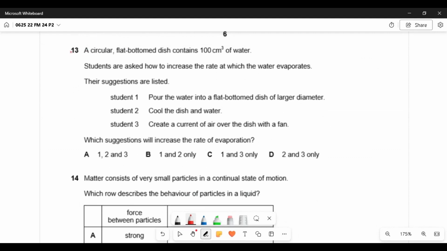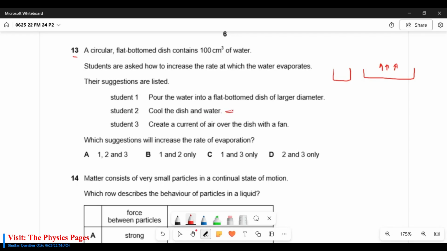Number 13. A circular flat bottomed dish contains 100 cubic centimeter of water. Students are asked how to increase the rate at which the water evaporates. So suggestions are listed. Student 1 says pour the water into a flat bottom dish of large diameter. So it is true, because if the surface area is more, evaporation is easier. Cool the dish and water.